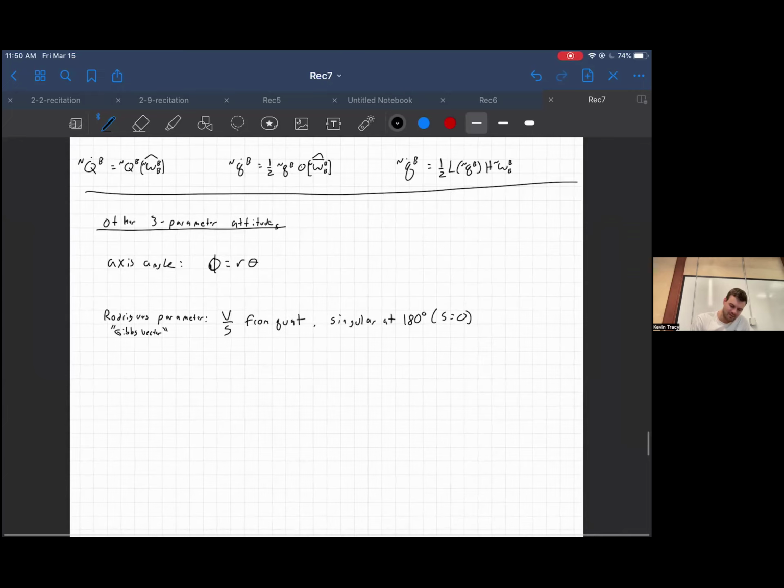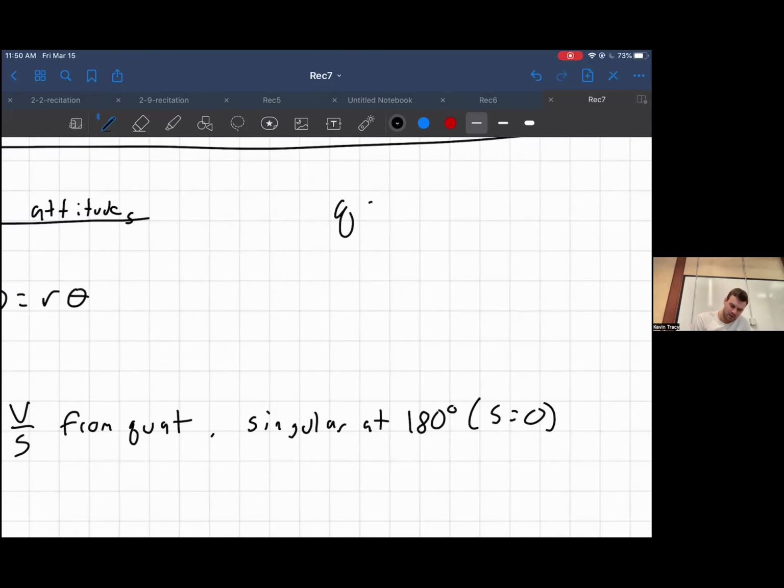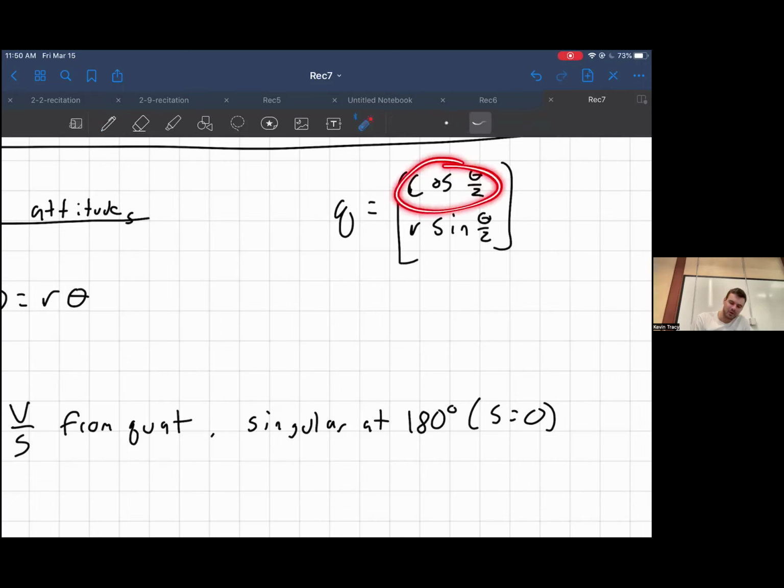If I look back at my quaternion, you remember it is cosine theta over 2, r sine theta over 2. When theta equals 180 degrees, the scalar part of the quaternion is 0.